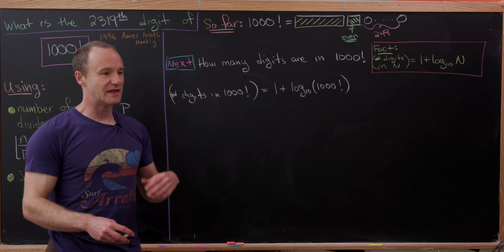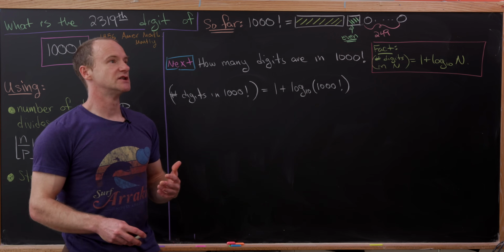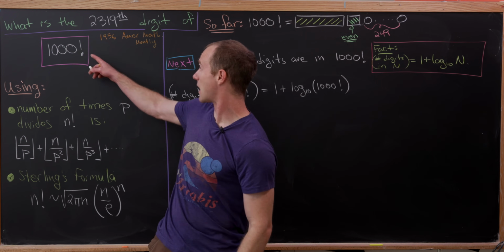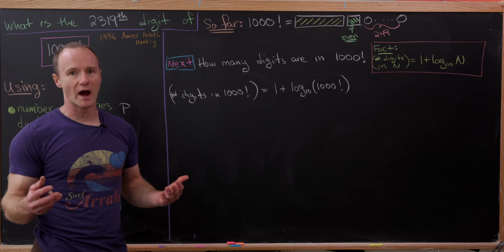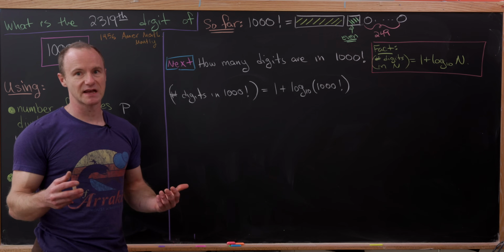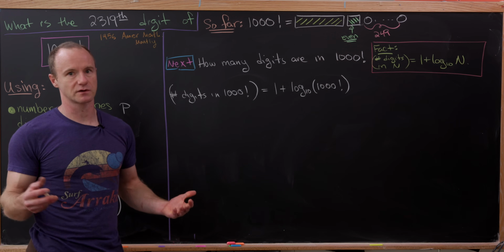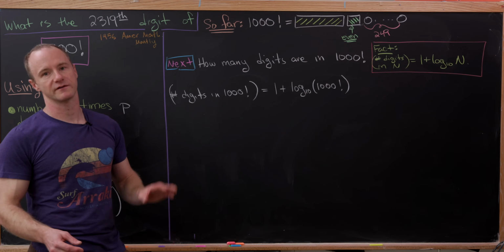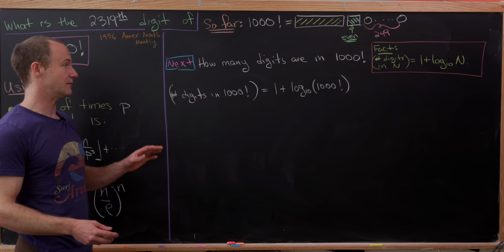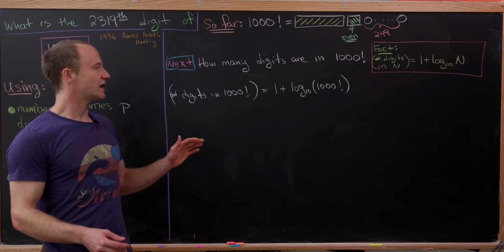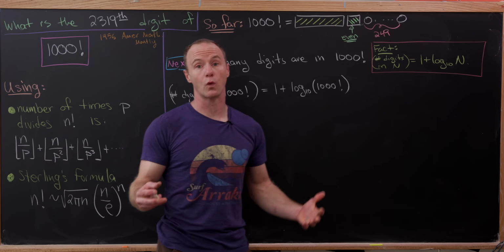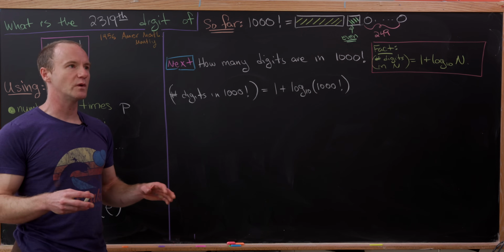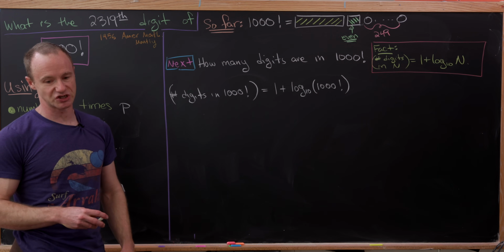In fact, they make a special point to say that someone actually calculated 1,000 factorial, meaning that this was quite a feat. But I can calculate 1,000 factorial in Mathematica in about a quarter of a second nowadays, so it's not a big feat now. Anyway, we're going to use Stirling's formula as that's what's done here and that's what works here, but I will say that it is a bit sketchy.